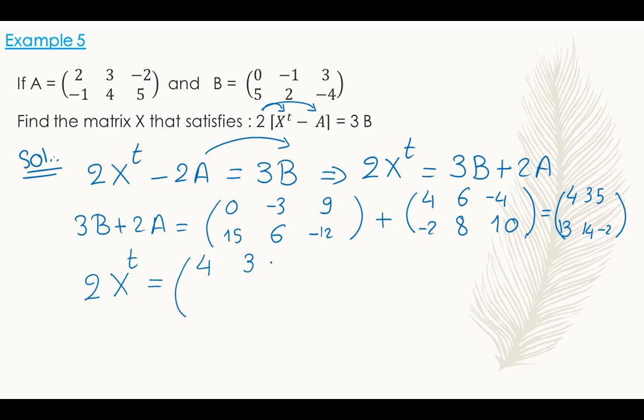Now you can write that the matrix 2X transpose equals the matrix whose elements are 4, 3, 5, 13, 14 and negative 2. But this matrix is the value of 2 multiplied by X transpose.